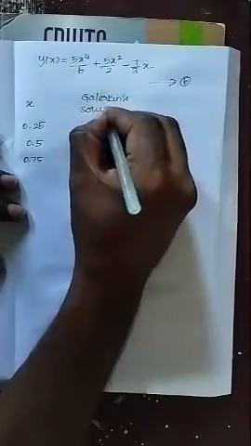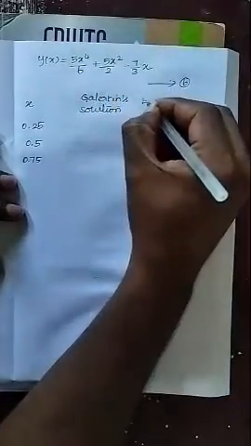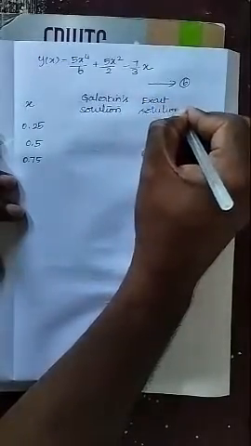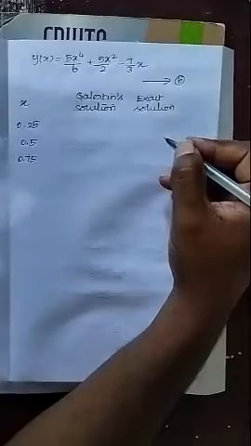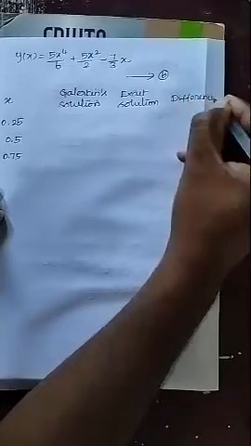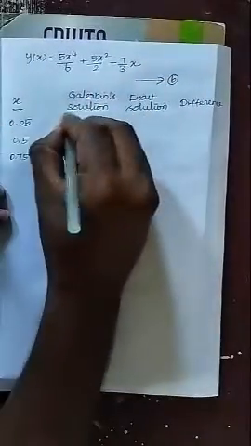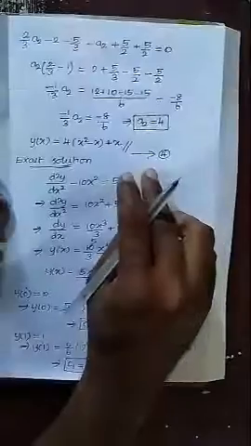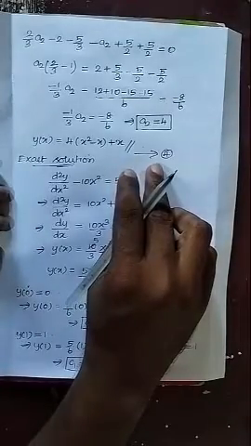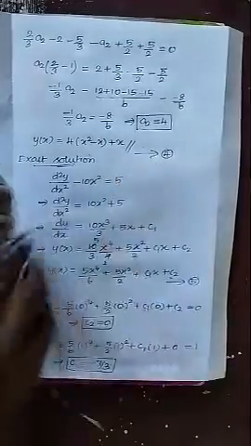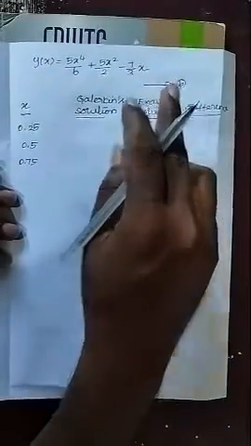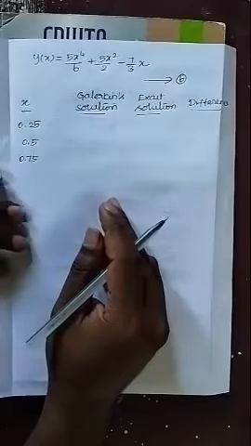Galerkin solution, exact solution, difference. Okay. In equation 4, we have the solution obtained by applying the Galerkin's weighted residual approach. In equation 6, we have the exact solution of the given differential equation.